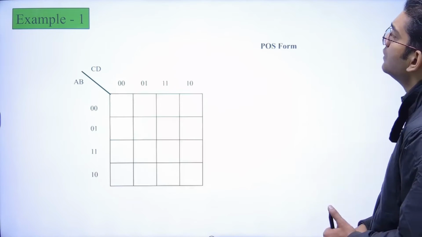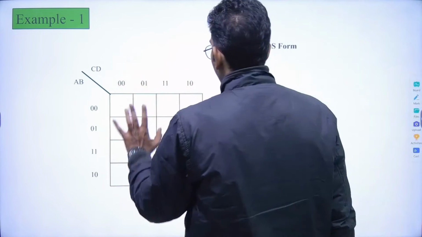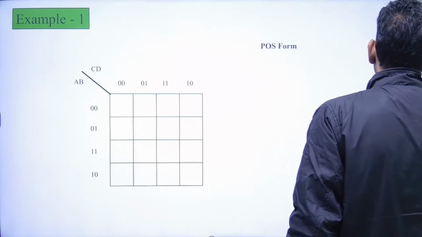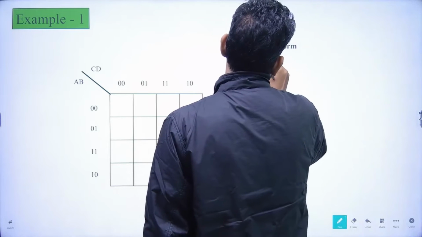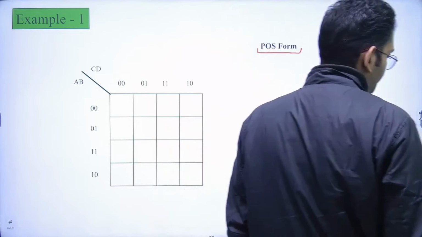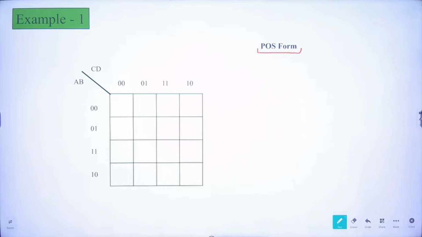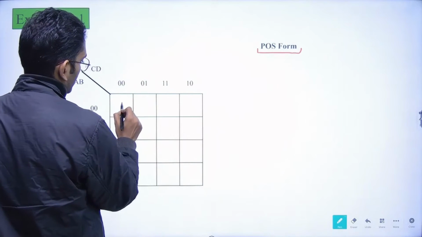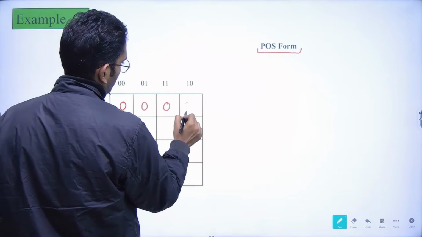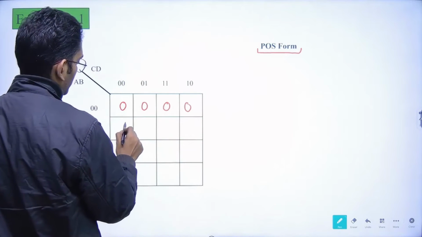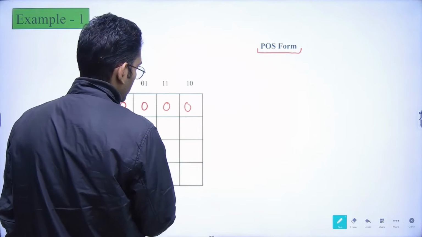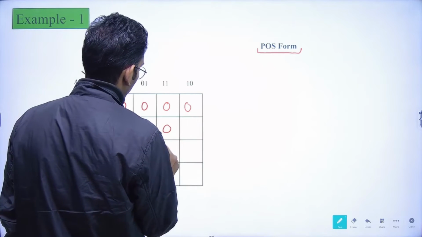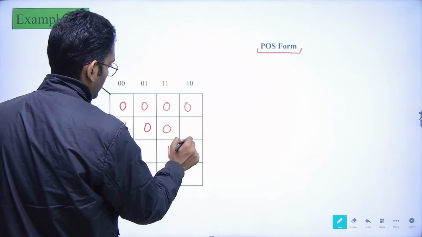Now coming to the same example, we would write the same equation in the POS format, fine. So what example did I take? We had taken 0 0 0 0, then it was 1 1 double 0, and what was here?